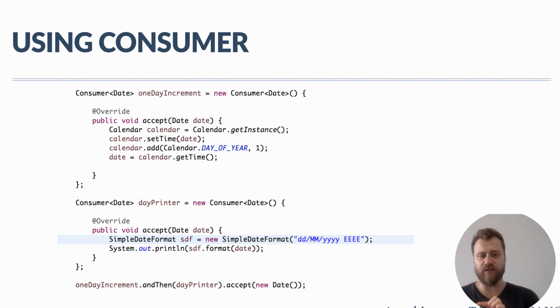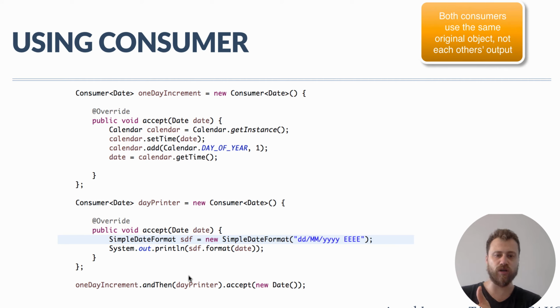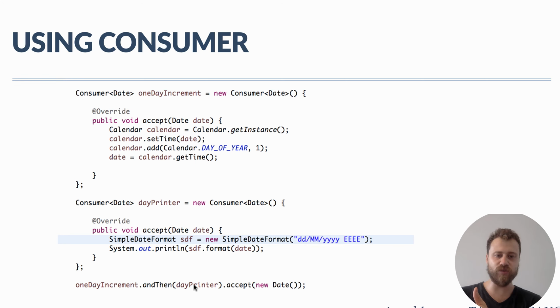The trick is that since this consumer does not create an output, this consumer and this consumer are consuming the same object, so this will not use the result of this object. We are just using the same instance inside two different consumers. They will not be affected by each other's modifications.